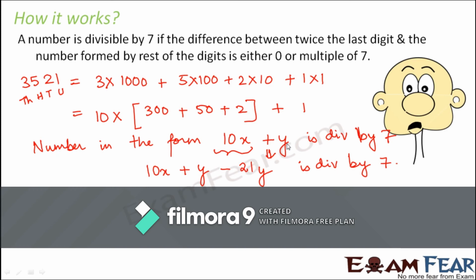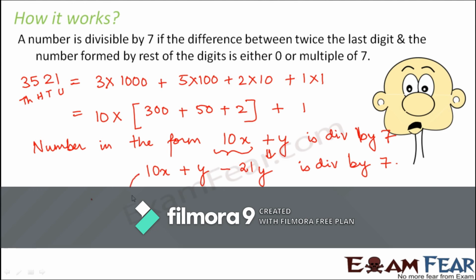So it is the same as saying 10x plus y minus 21y is divisible by 7, because in the first sentence we assumed that this part is divisible by 7, and the new part that we have introduced is in such a way that it is a multiple of 7. So we can say that this entire thing is divisible by 7.